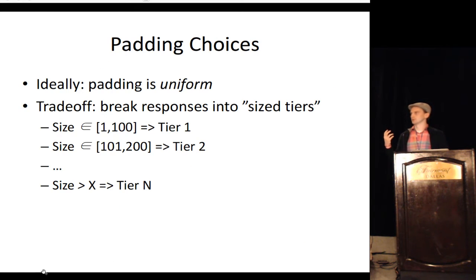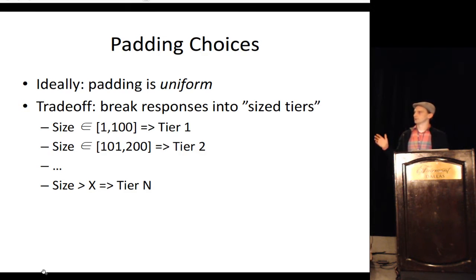There are a couple different ways to do it, and the way we tried to approach it, again, ideally we want the padding to be uniform across all the packets, but that's hard given that we don't actually know what the maximum size is. So we take this trade-off approach where we break packets, I say responses here, but packets generally, into what we call size tiers.